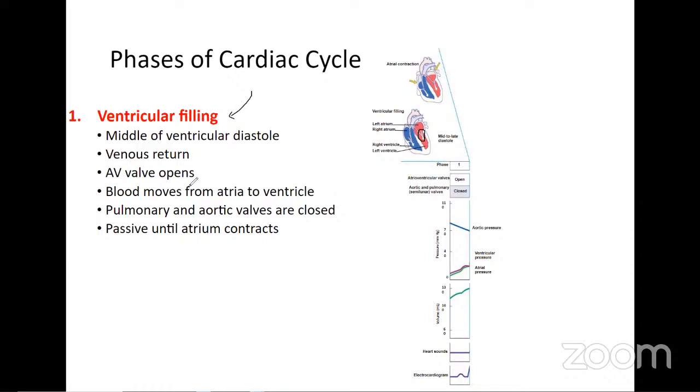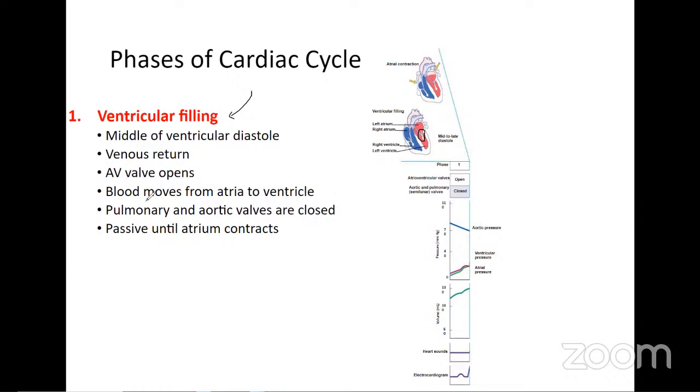The blood is moving in its correct direction from an atrium to a ventricle. We don't yet want that blood to flow into the arteries because we're trying to fill the ventricle, so we don't want stuff escaping. At this point, the semilunar valves going out to our arteries, the pulmonary trunk and the aorta, are closed.